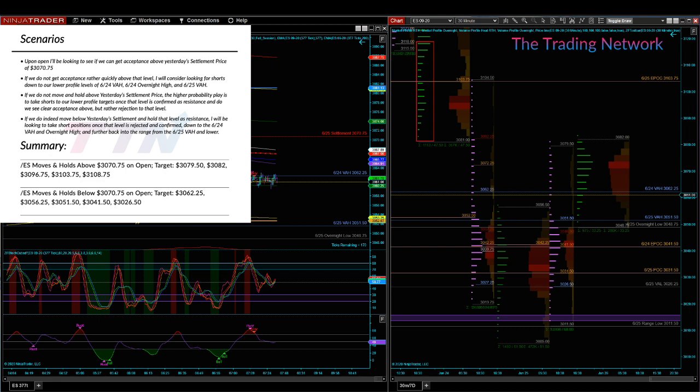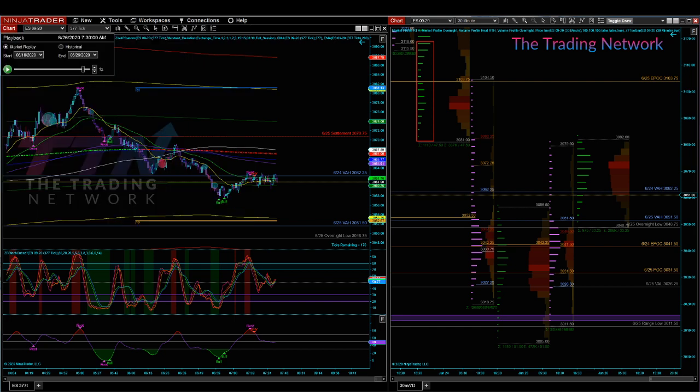Now you can see that it says below that, if ES moves and holds below 30.75 on open, target 30.62.25, 30.56.25, 31.50.50, 30.51.50, 30.41.50, and 30.26.50.